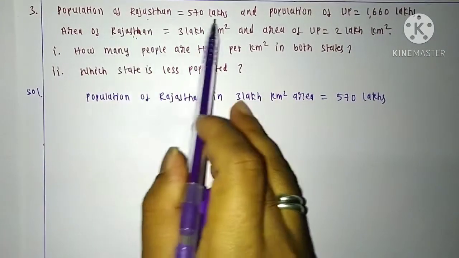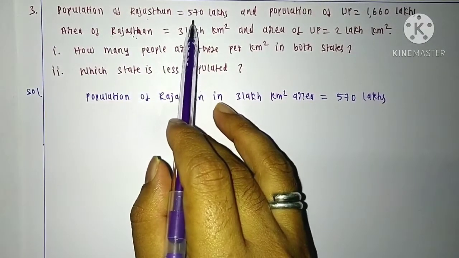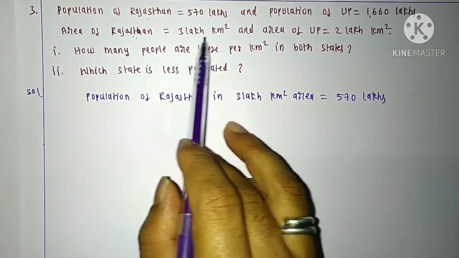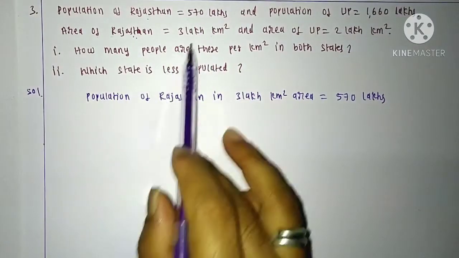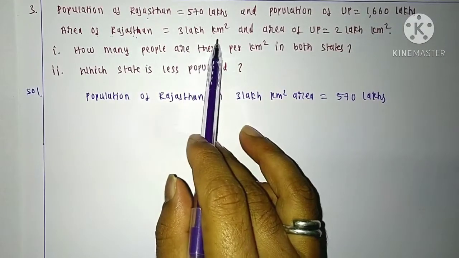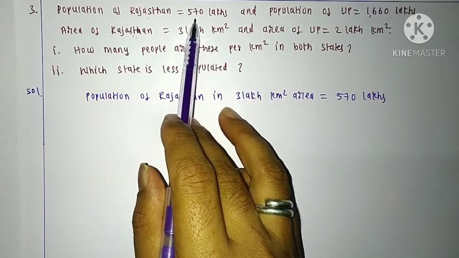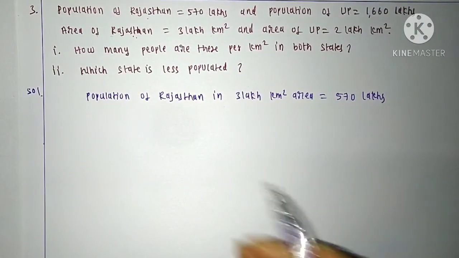Okay, by looking at this information we can write this sentence. Now see here, the population of Rajasthan is nothing but 570 lakhs, as given, as well as the area of Rajasthan is nothing but 3 lakh kilometer square. If we combine both of them, we get that the population of Rajasthan in 3 lakh kilometer square area is nothing but 570 lakhs. So what do we need to find?